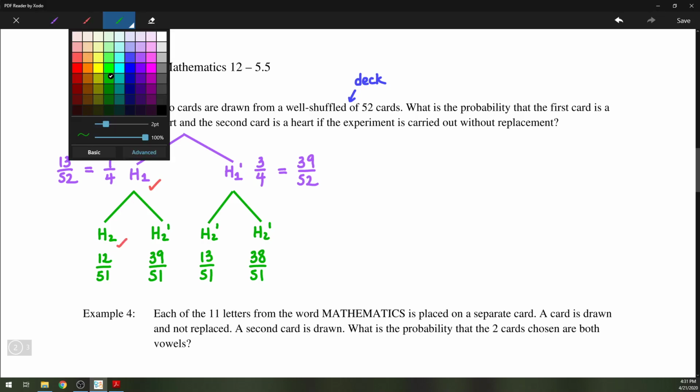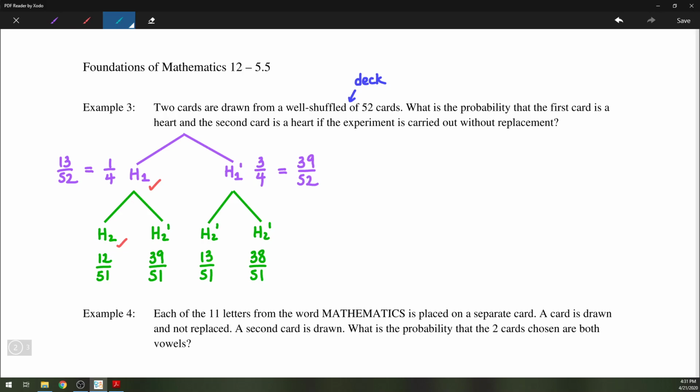So let's calculate the probability here to the right. Once again, we want the probability of heart 1 and heart 2. That is equal to the probability of heart 1 multiplied by the probability of heart 2 given heart 1.